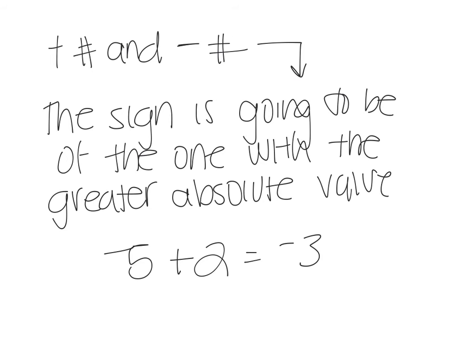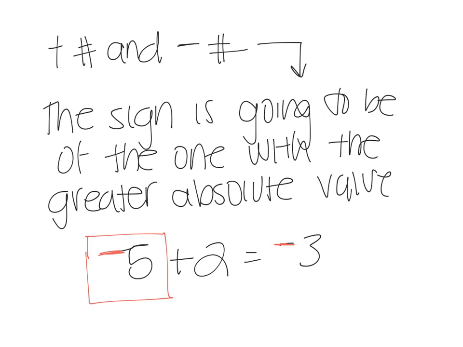Which one has a greater absolute value, 5 or 2? Well, when I think about walking, going 5 steps is more than having to walk 2 steps. So I'm going to look at this negative 5. The 5 has a negative sign, so that means that my answer is also going to be negative.